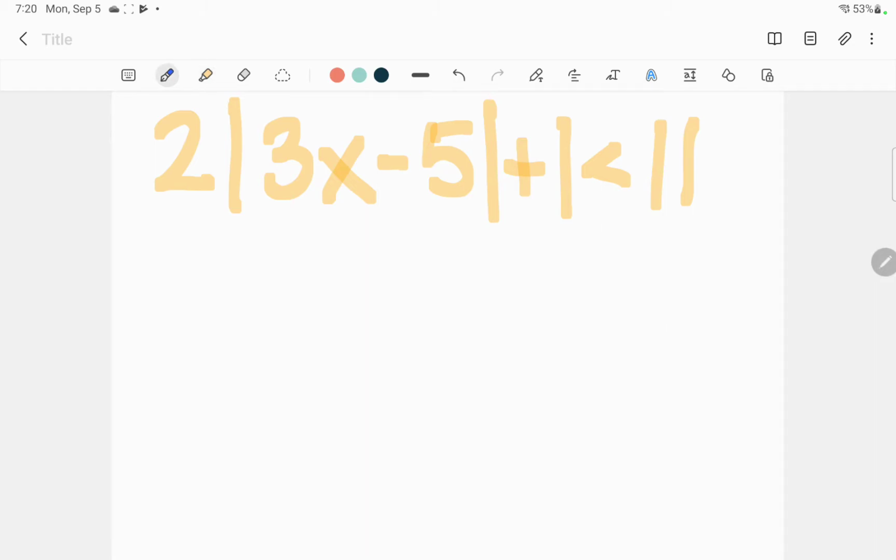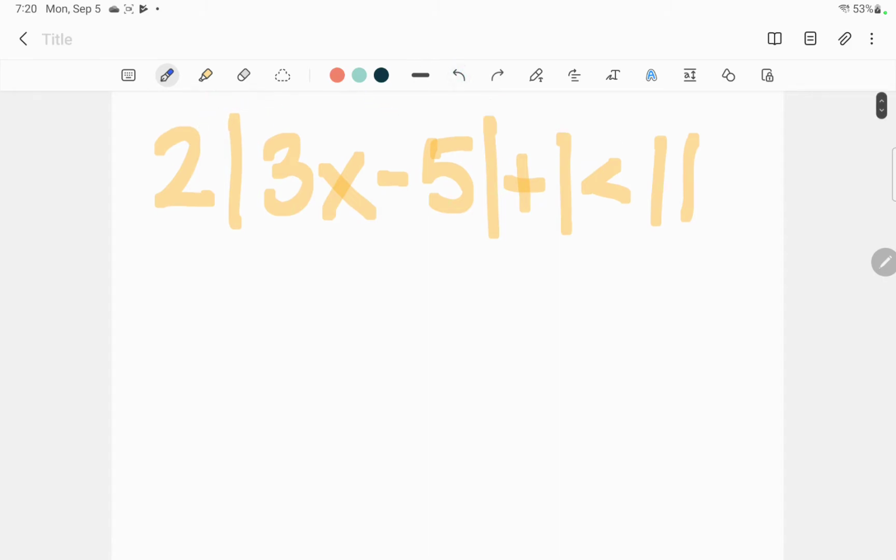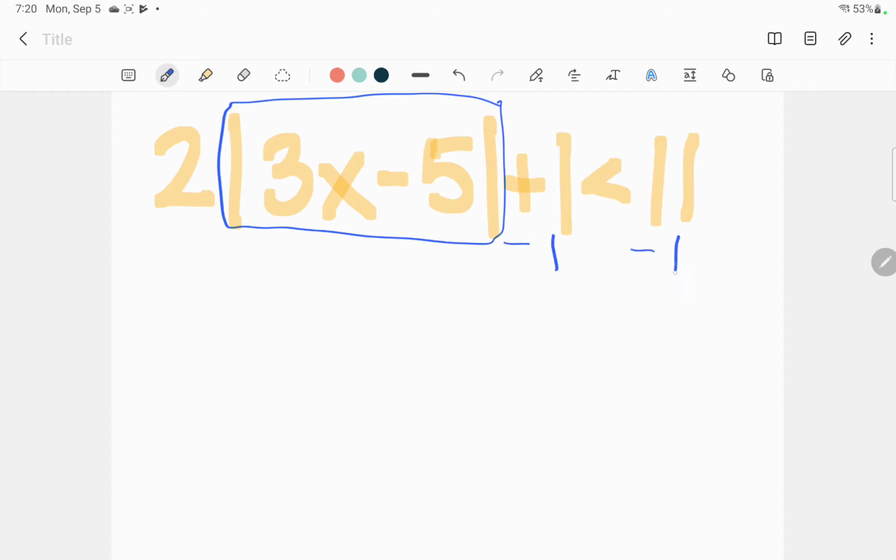A lot of people distributed, so you don't want to do that. What you need to do right off the bat is isolate this absolute value. So I'm going to rewrite this, start by subtracting 1 on each side.